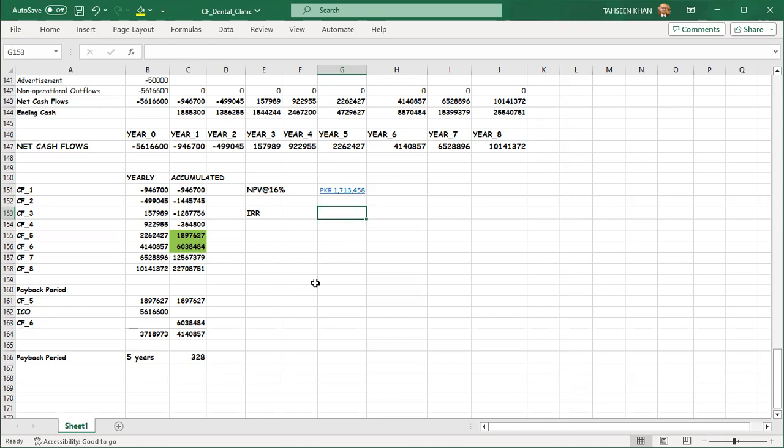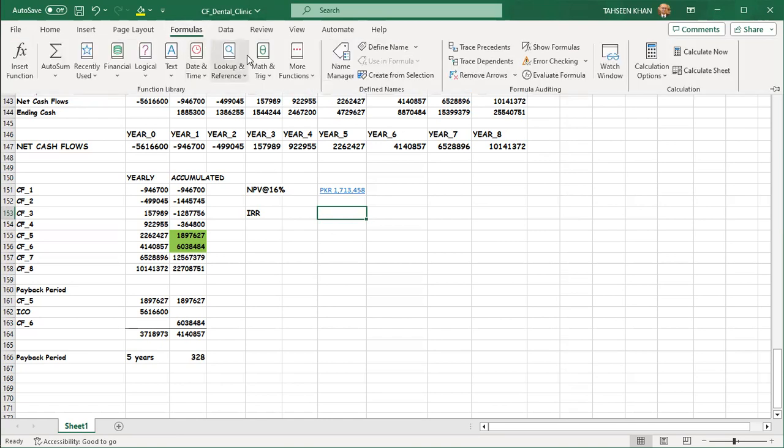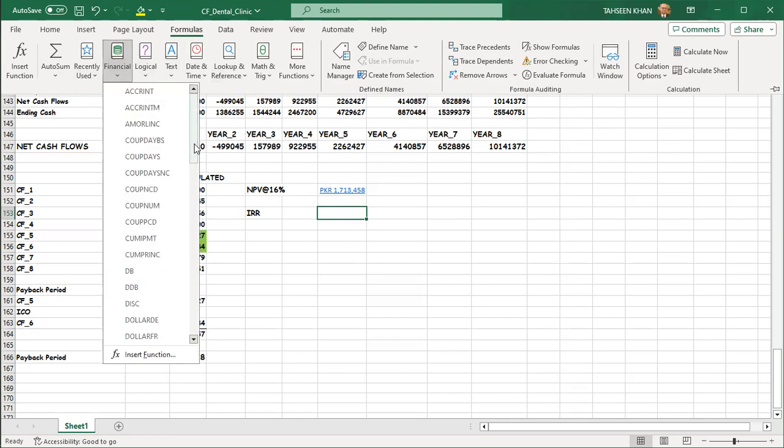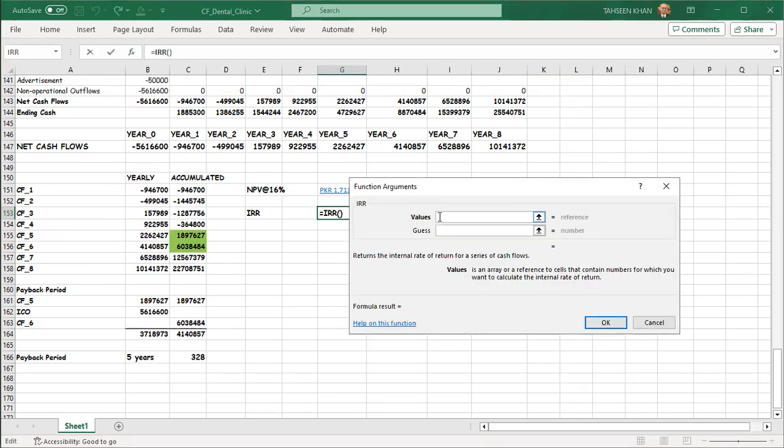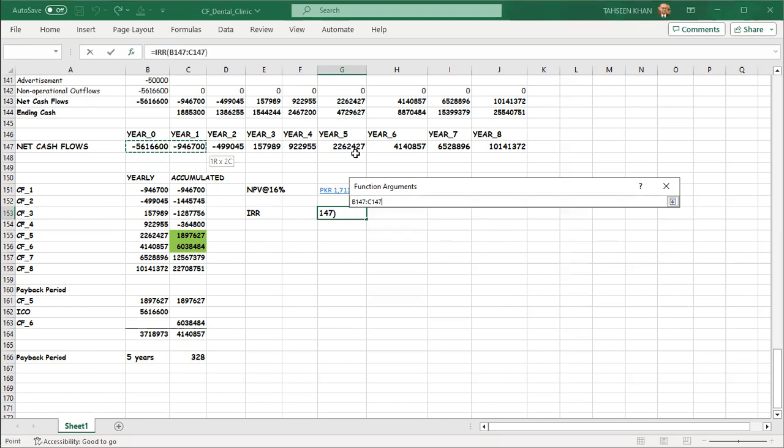Now, internal rate of return tells us the actual return from the business. Again, move towards financial. Here we are going to calculate the IRR. Here is IRR. In case of IRR, you will simply give the range of all cash flows from 0 to 8 years.